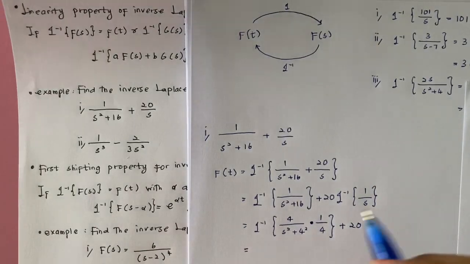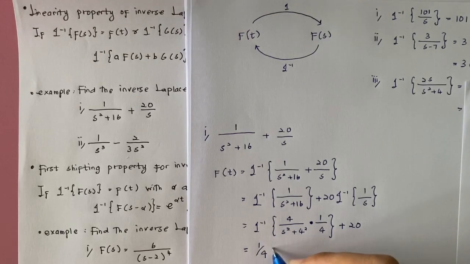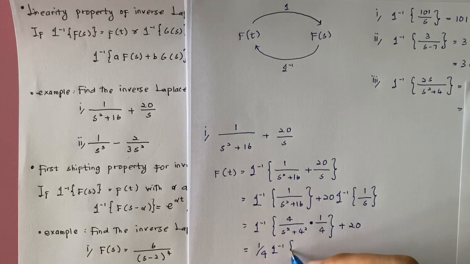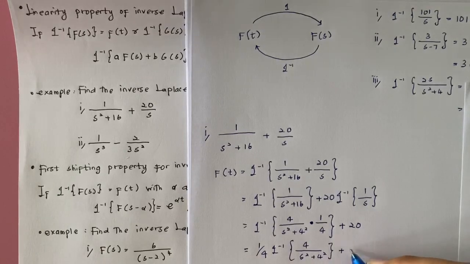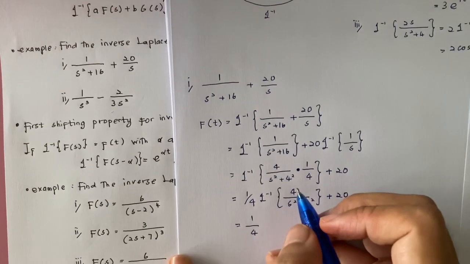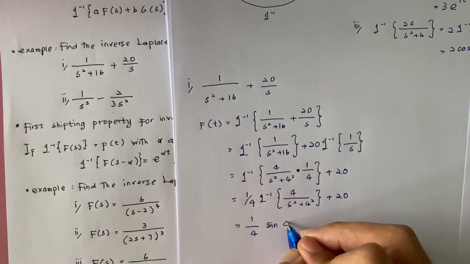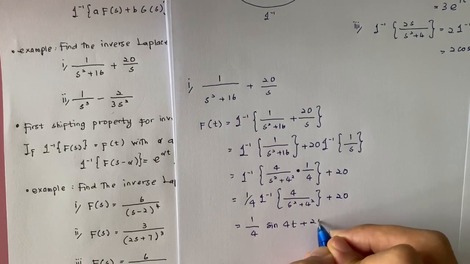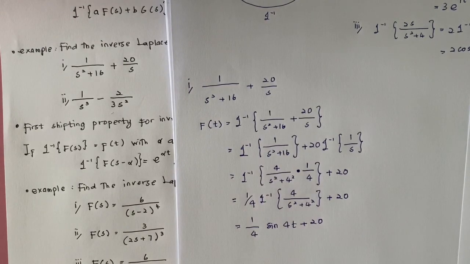Next, you have 1 over 4 as your constant, and then you need to find the inverse Laplace for 4 over s squared plus 4 squared, which is sin 4t, plus 20. So this is our final answer.